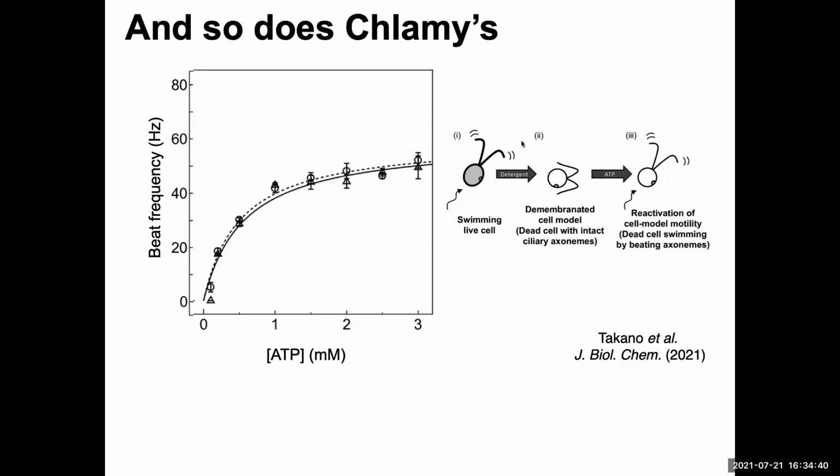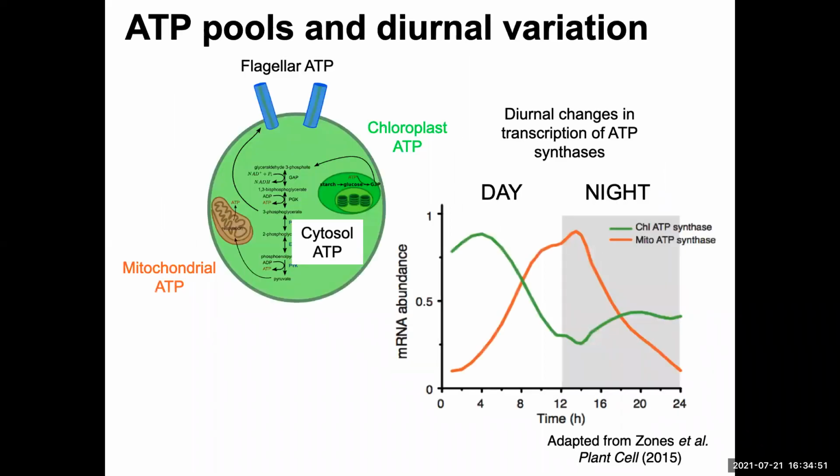So it comes with that caveat. Anyway, it seems reasonable that the beat frequency of Chlamydomonas should increase with ATP. And so where does that ATP come from?